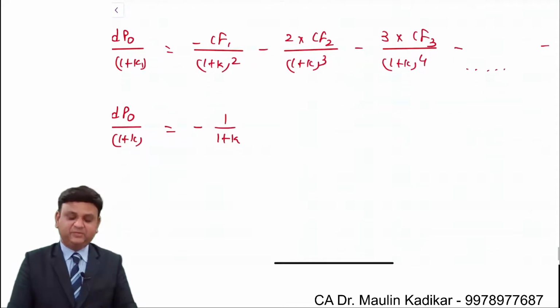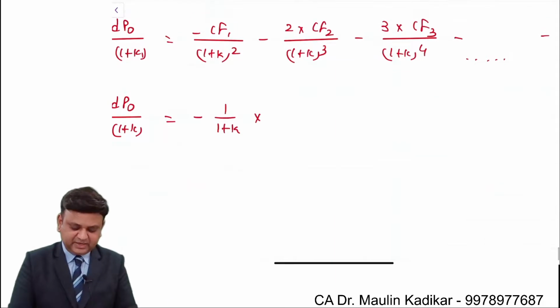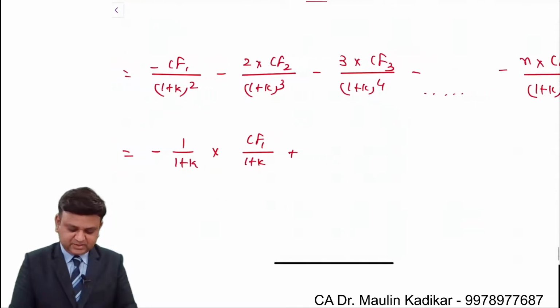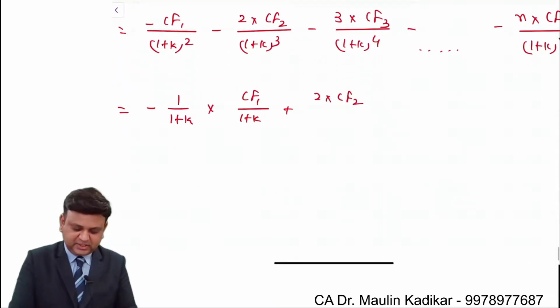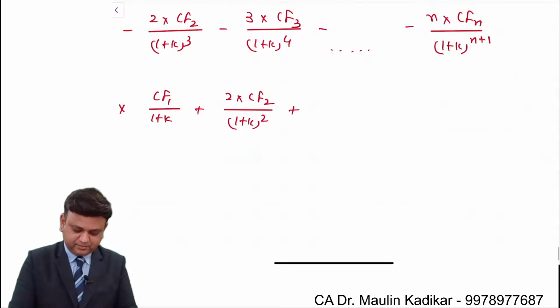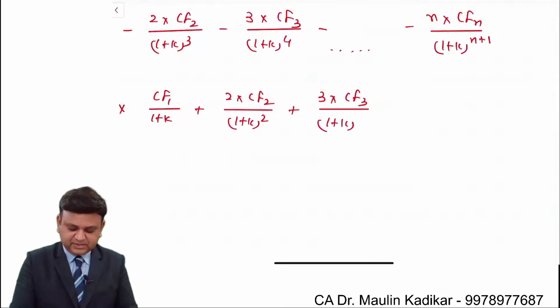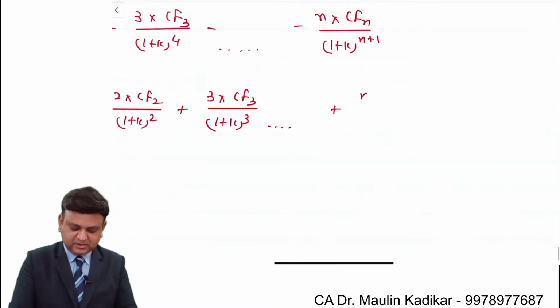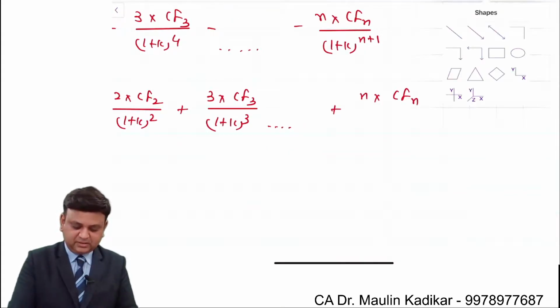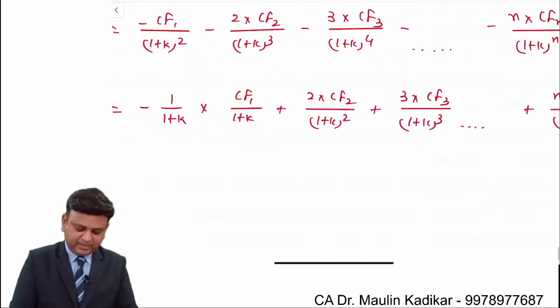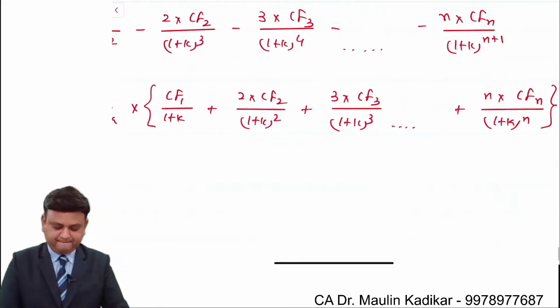So in the bracket we can have cash flow for the first year divided by (1 plus k) raised to 1, plus 2 into cash flow for the second year divided by (1 plus k) raised to 2, 3 into cash flow for the third year divided by (1 plus k) raised to 3, plus n into cash flow for the nth year divided by (1 plus k) raised to n, and all these things will come in a bracket.